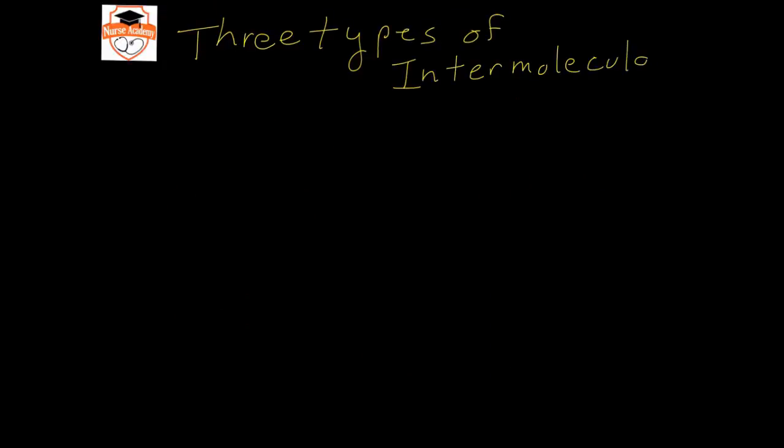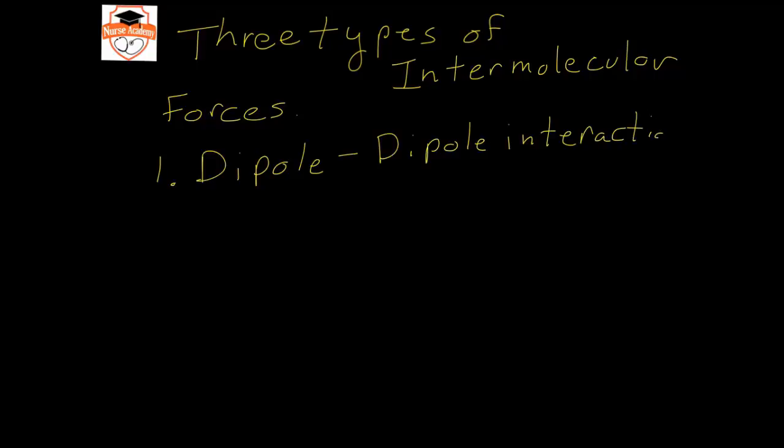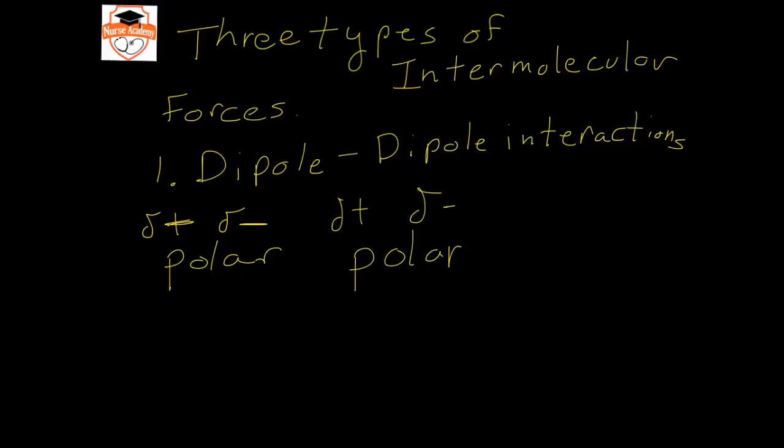Dipole-dipole interactions is simply when you have one polar molecule and it has a positive side and a negative side, and we'll use our little deltas to say it's a partial positive charge and a partial negative charge, attracted to a second polar molecule with its partial positive side and partial negative side, and the partial positive side is attracted to the partial negative side of the neighboring molecule, and you have electrostatic forces, the plus and the minus, want to get together and have these 2 molecules stick together.